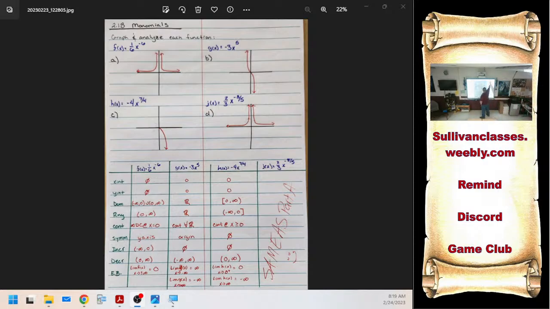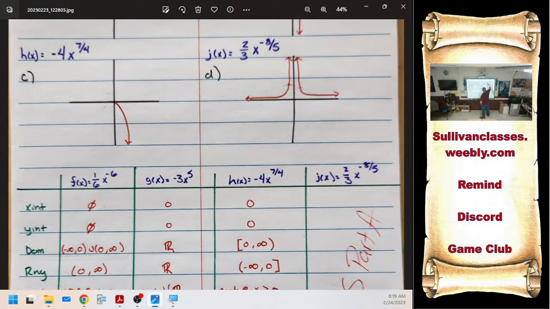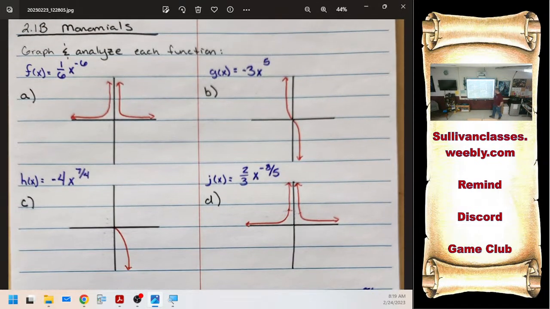So first of all, we got to make sure hopefully you got your graphs right. Like, you know what the graphs look like, you should be able to just dump them in your calculator. After that, we should be getting to the point where we can now look at it and just know.